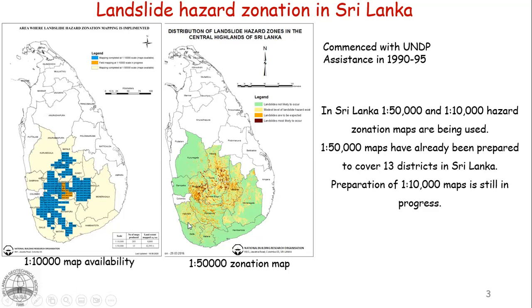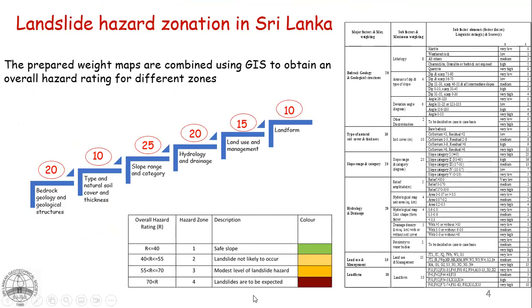The zonation was done by field observation and available printed data as well. The geologists and geotechnical engineers visit all these zones and make the assessment to do this zonation. The details are presented in this slide.